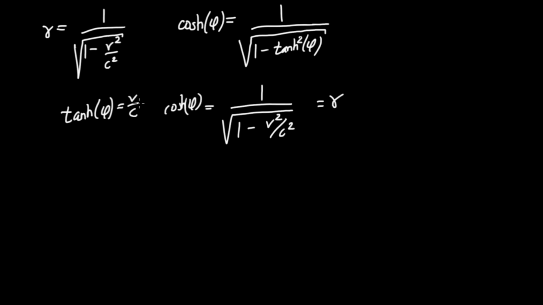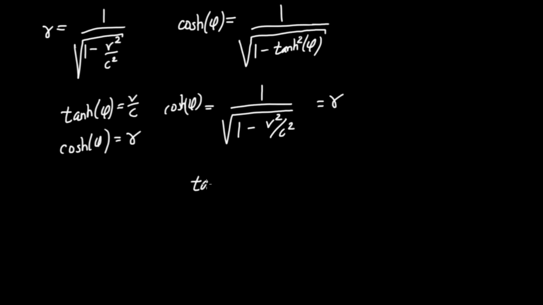So by that substitution, or I guess I should say that assumption that tangent phi is equal to v over c, I get the additional relation that cosh of phi, whatever this phi is, is equal to gamma. So now I've got the relation between this hyperbolic angle phi and the v's and c's and the gammas. Now the one hyperbolic function that's left out is sinh of phi, but I can derive that quite easily.